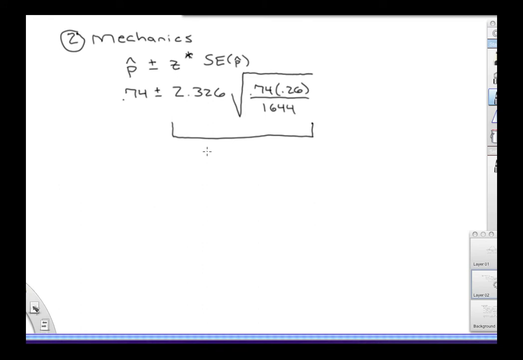Our confidence interval, remember, is always centered at p hat, at your sample proportion. So at this point, I can plug this into the calculator under stat, test, one proportion z interval.